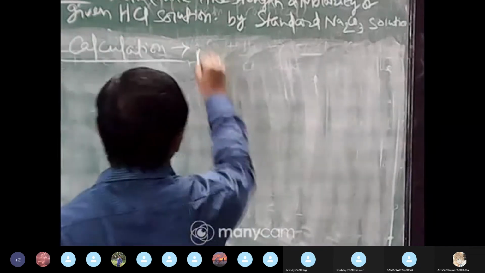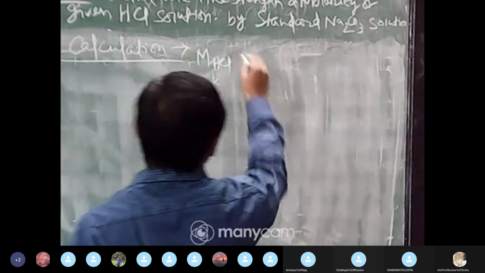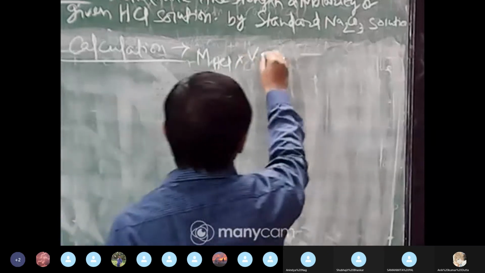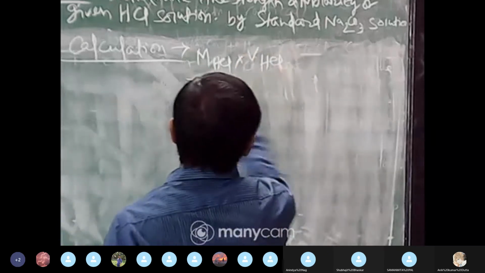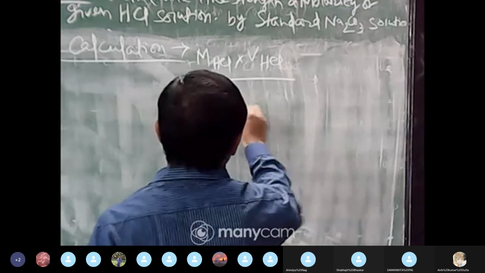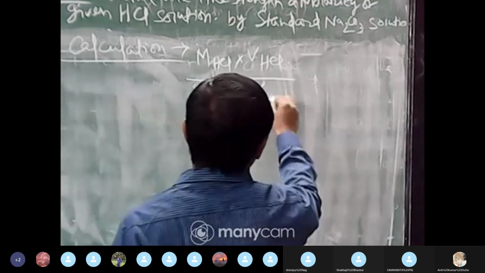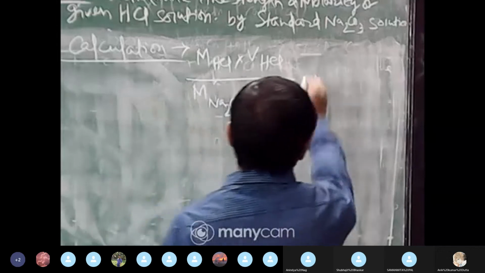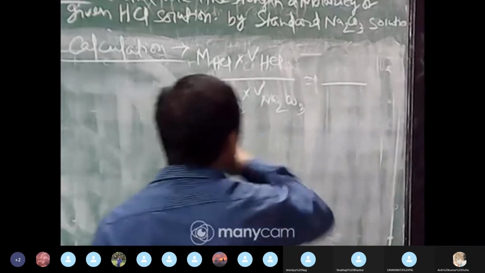M of HCl into volume of HCl consumed by M of sodium carbonate into volume of sodium carbonate is equal to the numerical coefficient in the balanced equation.